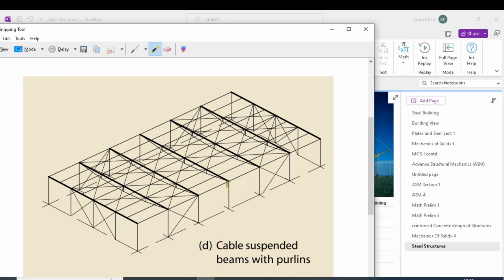So this bold dark line shows a beam and underneath it is a suspended cable. The vertical members separating the beam from the suspended cables are actually meant to break the span of this beam. In this way, we can attain long spans without providing intermediate supports.